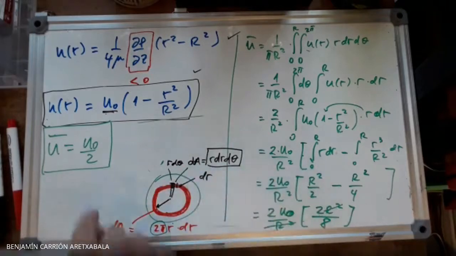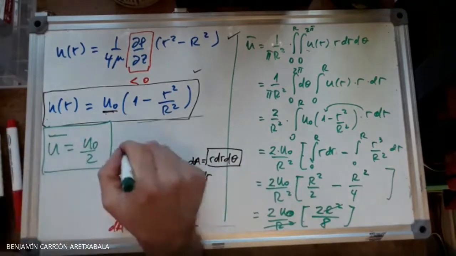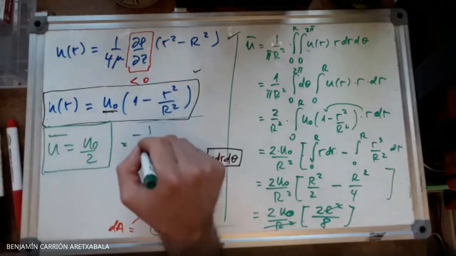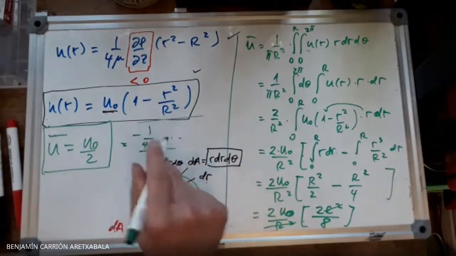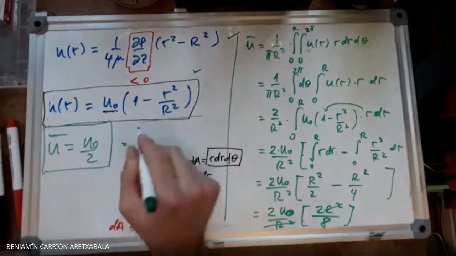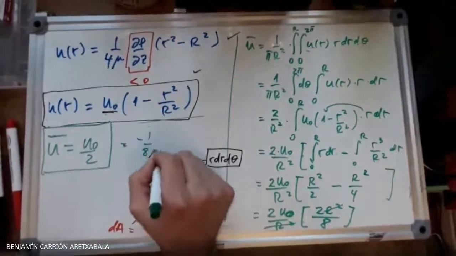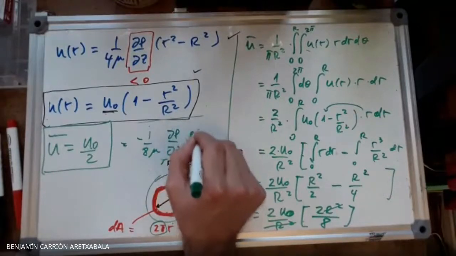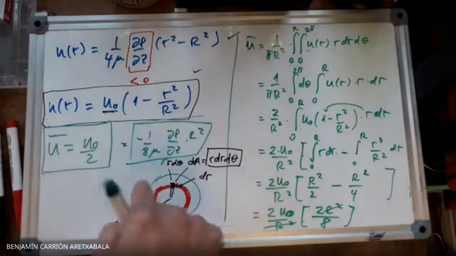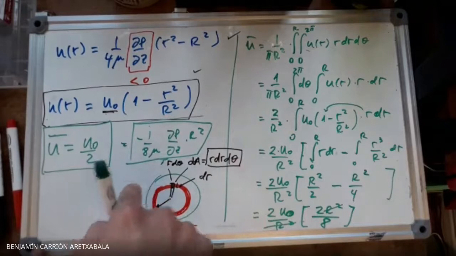Okay. This could not be u0, it could be minus 1 over mu, whatever, half. So you end up with minus 1/8 mu dp dz, I think, r squared, which is what you get on Wikipedia. If you want to go and check it, this is what you get in Wikipedia.